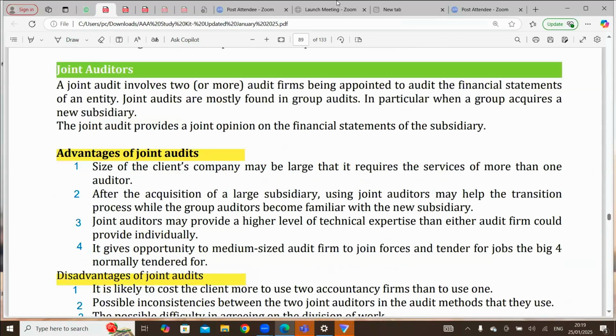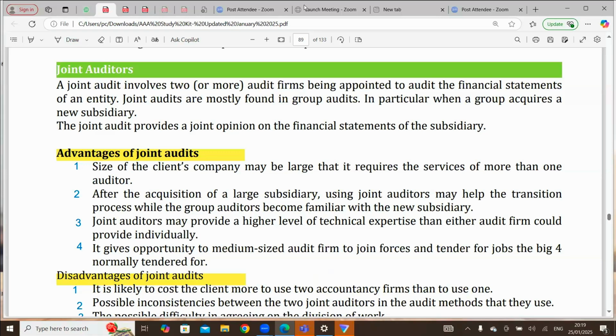Somebody in the class should differentiate between group audit and joint audit for us. Group audit is an audit of the parent company and its subsidiaries.